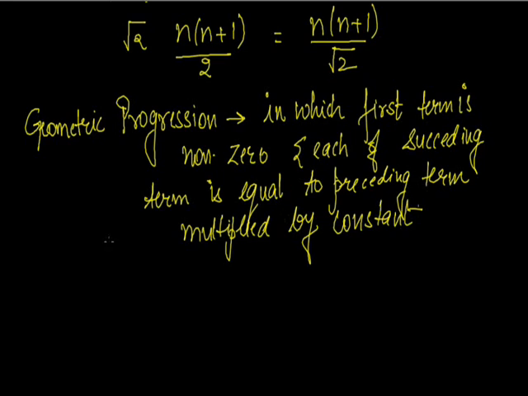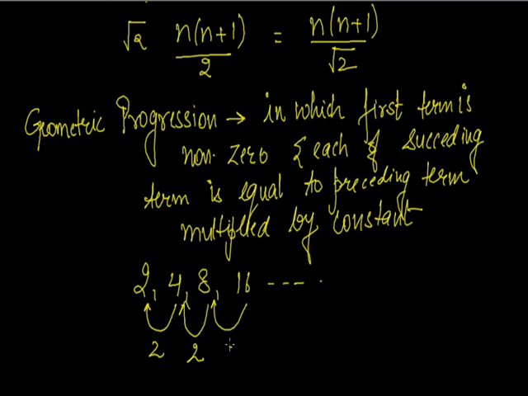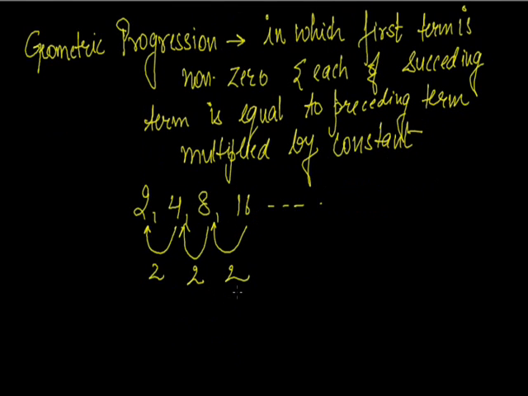What we have decided is that 2, 4, 8, 16 are in geometric progression. Why? Because in this, the second term divided by the first term is 2, the third term divided by the second term is also 2, and the fourth term divided by the third term is also 2. So in this, the ratio is constant. In arithmetic progression, the difference is constant, but in geometric progression, the ratio is constant.